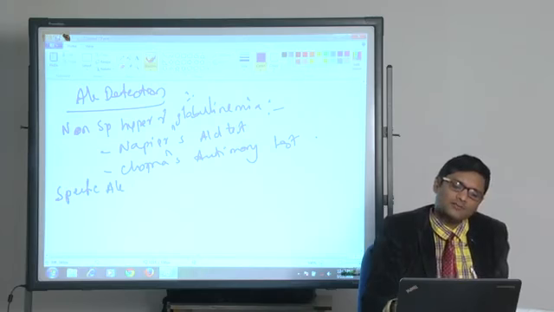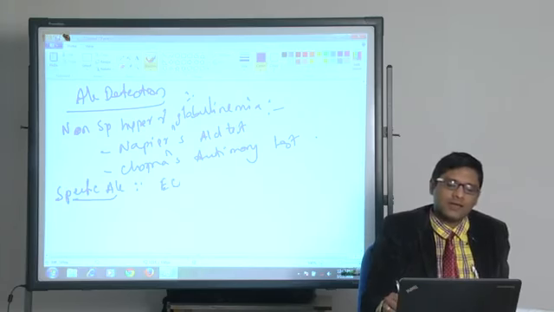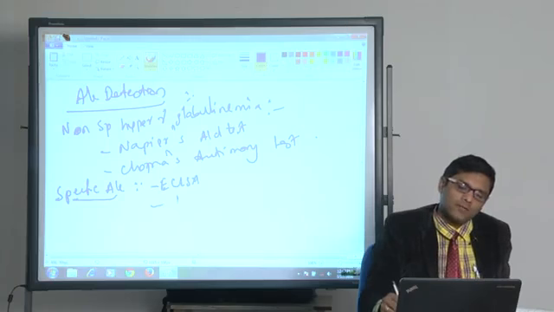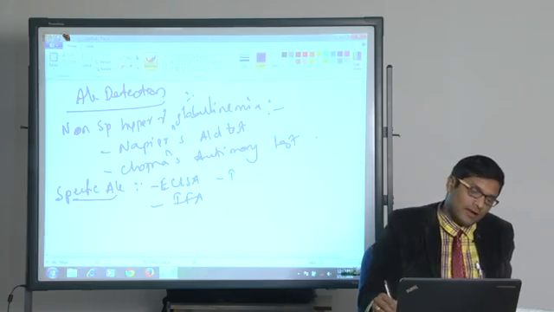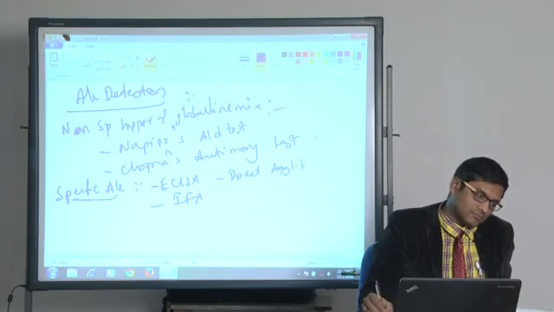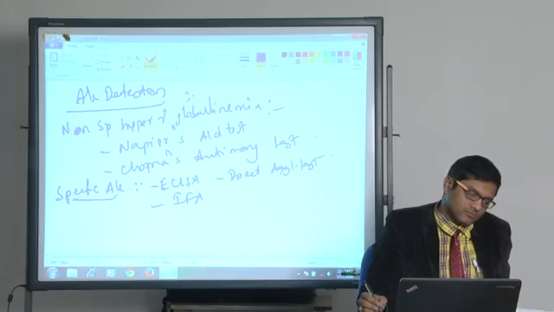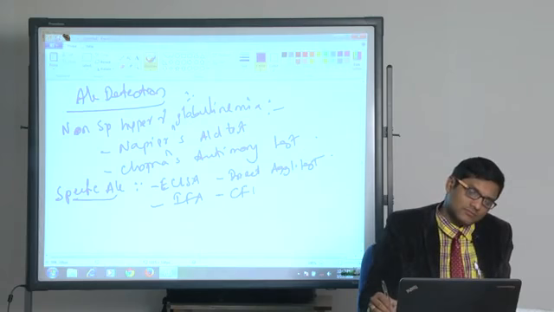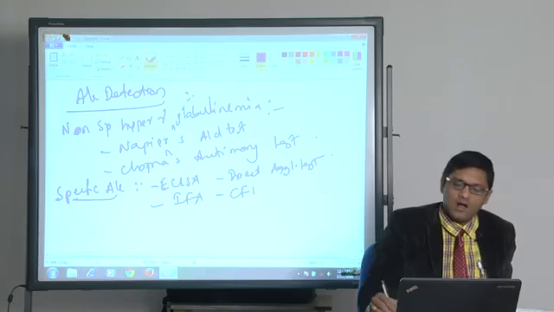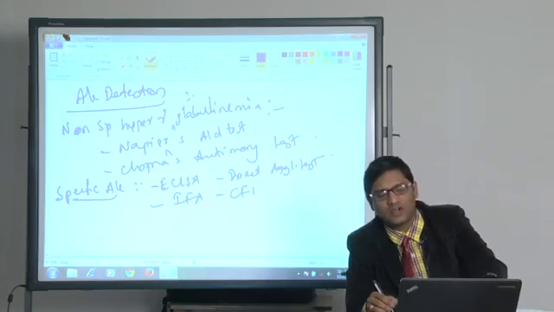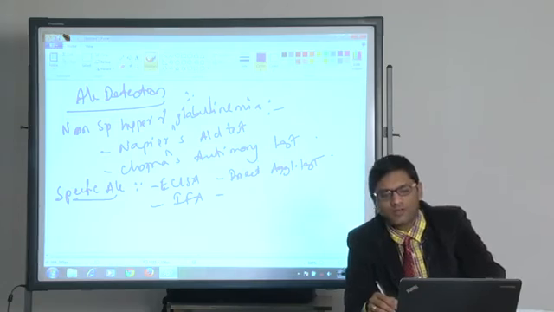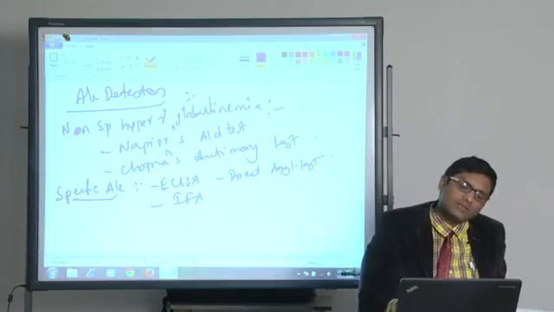What we do is specific anti-Leishmanial antibody detection. This is done by ELISA, immunofluorescence assay, direct agglutination test, and complement fixation test. Complement fixation test also, they say, is not very specific, so you can remove it.